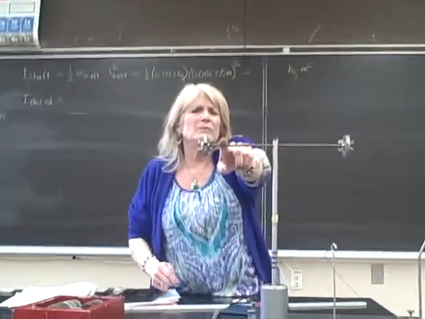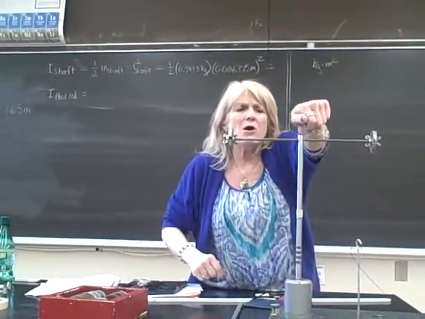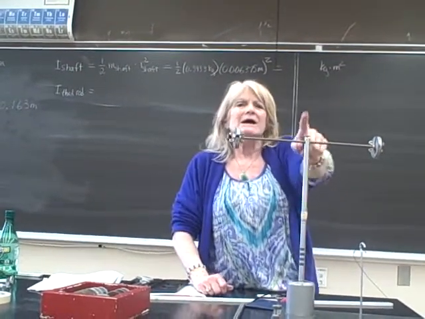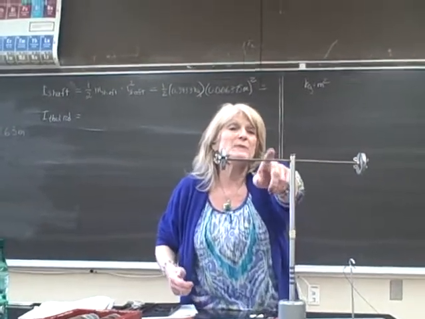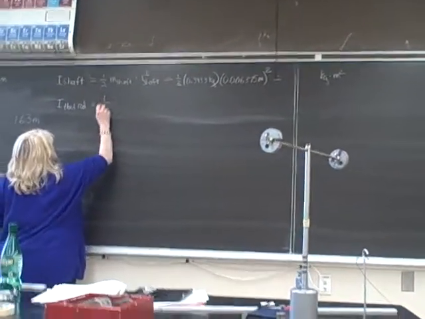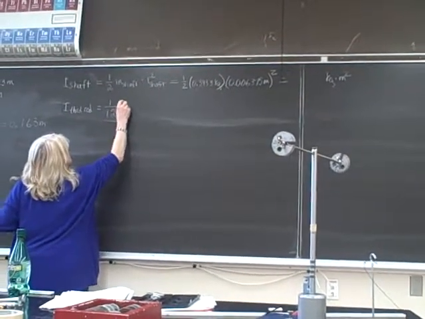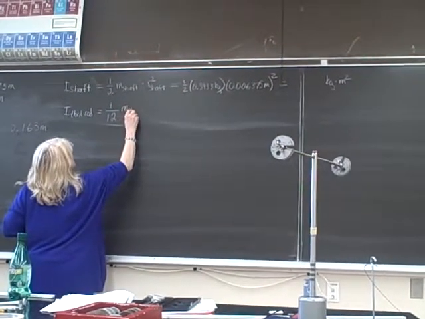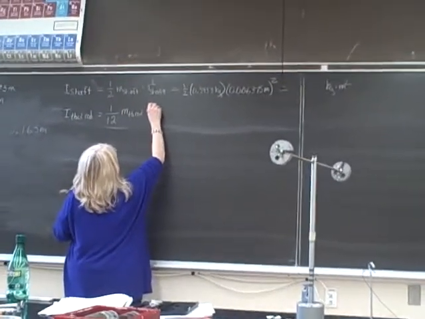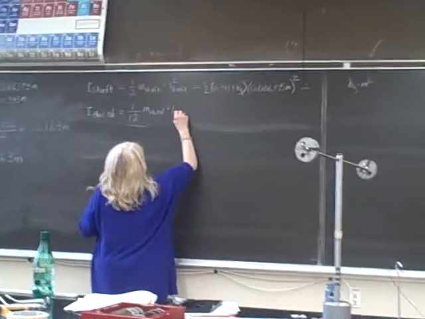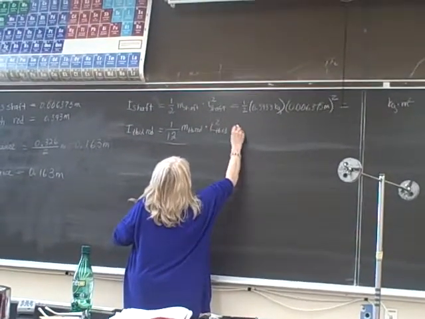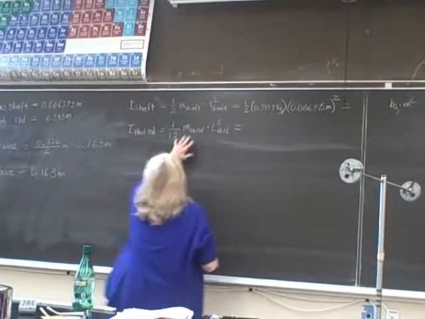When you have a rod that you are rotating about its center of mass along an axis perpendicular to the rod, it's 1/12 the mass of the rod times the length of the rod squared. So that was why we needed the length of the rod.